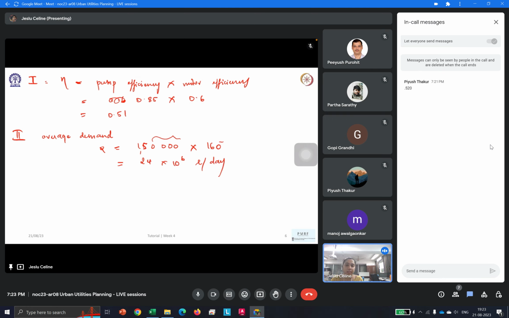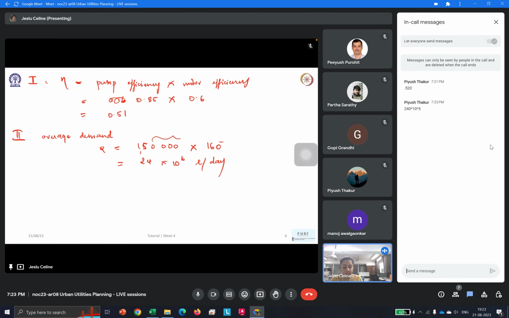Are you getting this, or is my calculation wrong somewhere? Partha, are you getting this? Yeah, 240 into 10 raised to 5, correct. So that's what I've written it as, 24 into 10 raised to 6. Very good, Piyush.